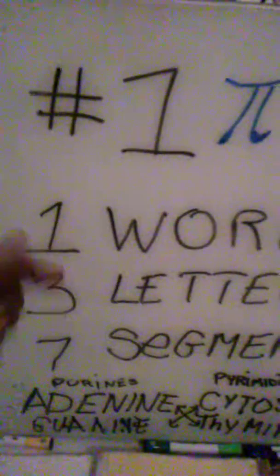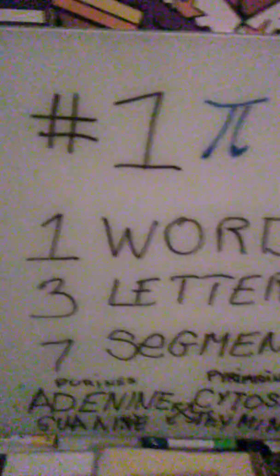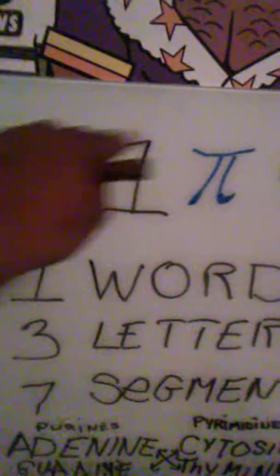Just in the number 137 is 7 segments also. So that's 1 with 3 segments that bonds out 7 segments here, 137. This is information that's hidden right in plain sight.